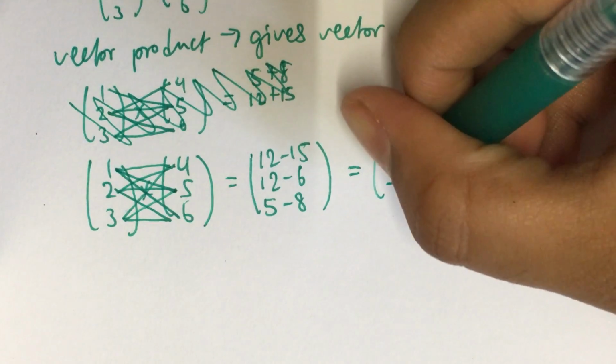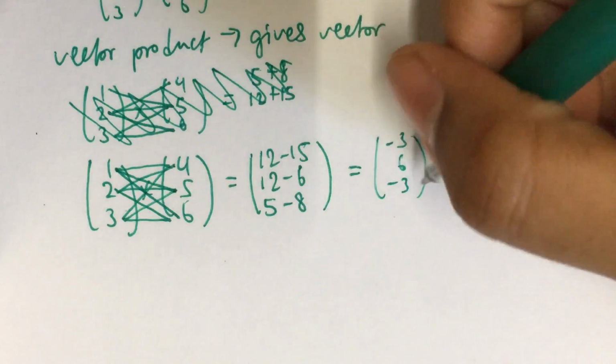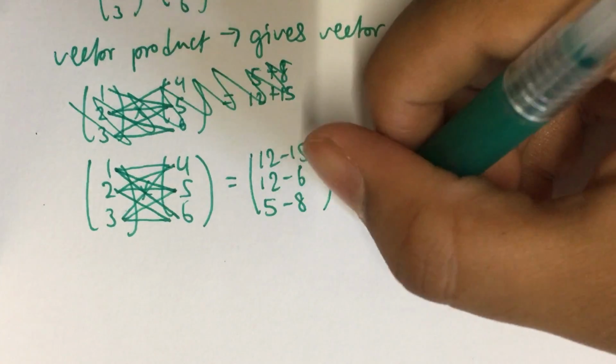So what's the difference between a scalar and a vector product? What do they represent?